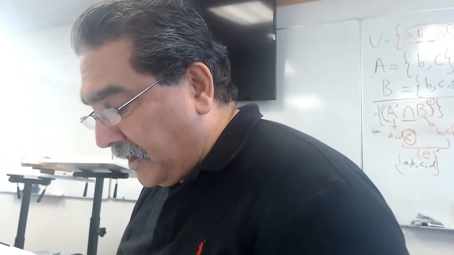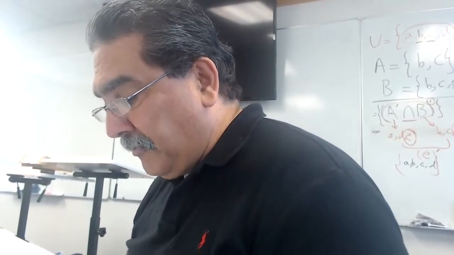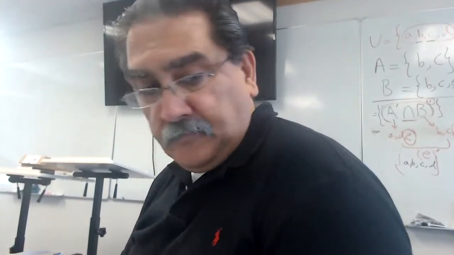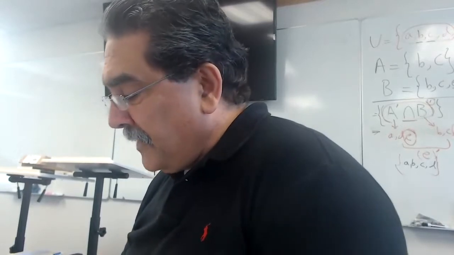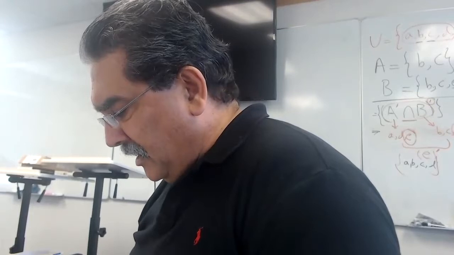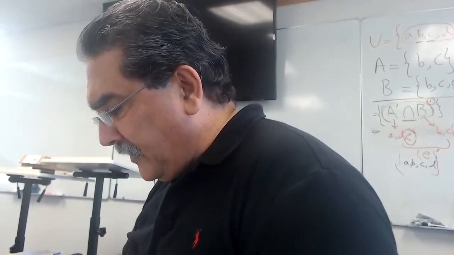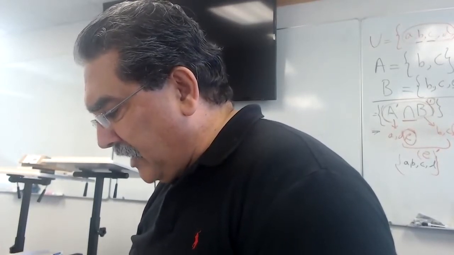We stop because they are all prime numbers. If you look at this factor tree, we have 2 times 2 times 2 and 3 times 3 times 3. So we write it.